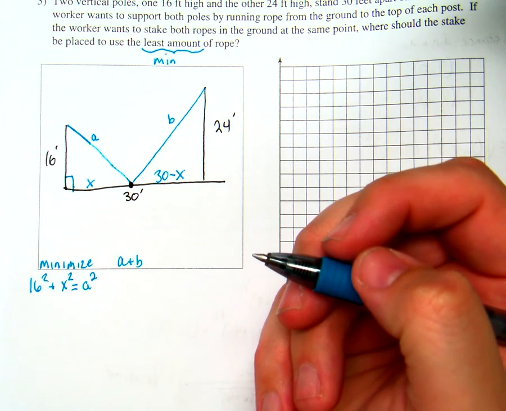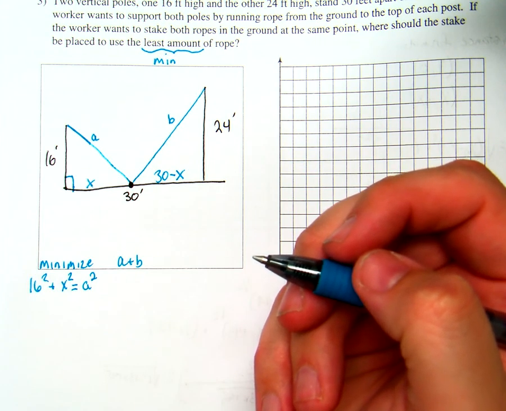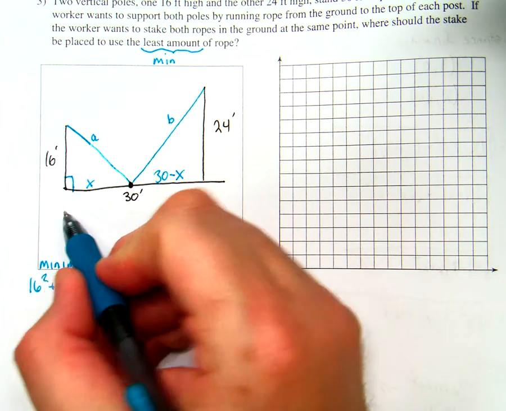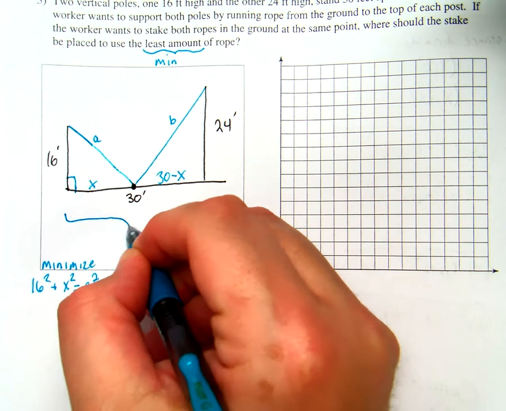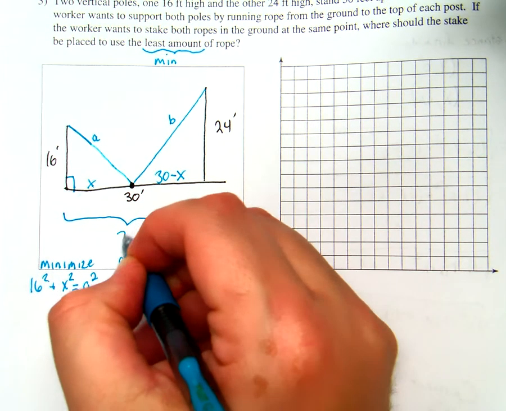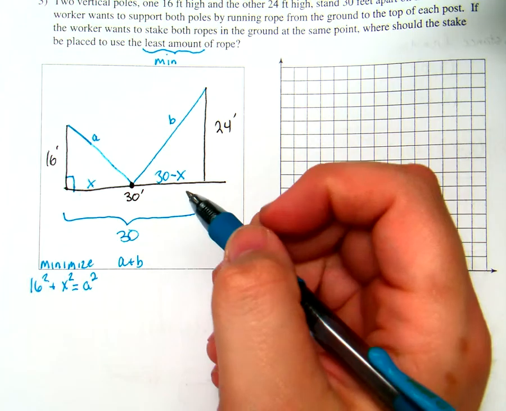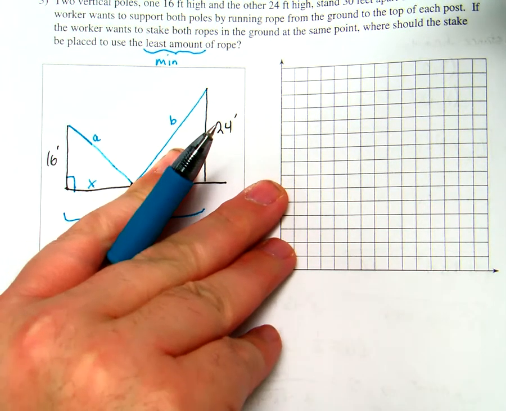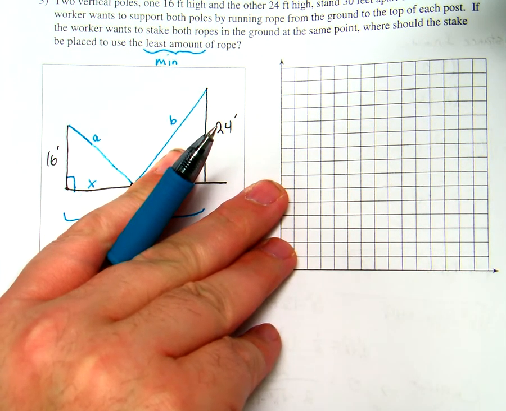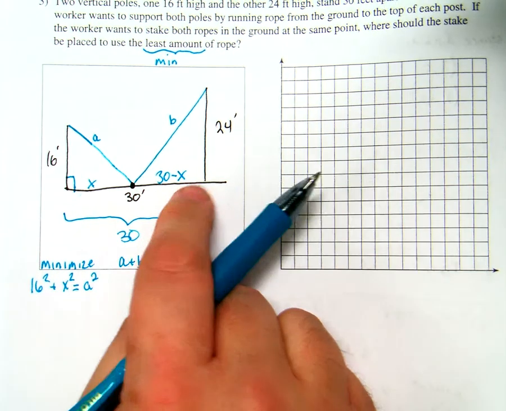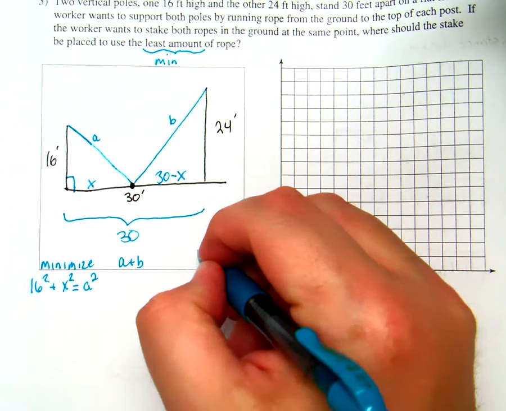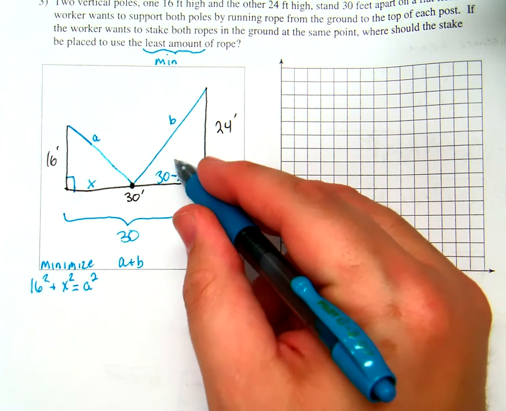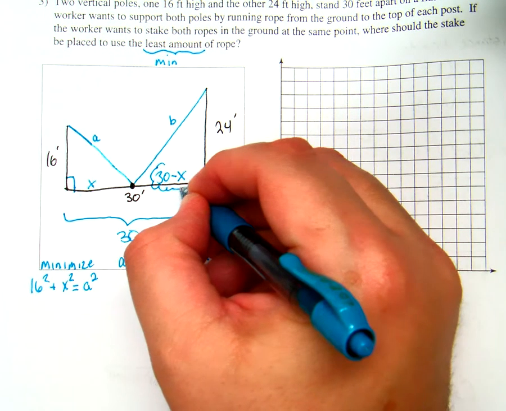I don't get how that one's x and the other one's 30. Well, the entire distance is 30, as you said. If I just said, all right, one of them is x, I don't know what that one is. How am I going to figure out what this one's going to be? We do that by saying x plus whatever the second distance is, right here, should be equal to 30, shouldn't it?